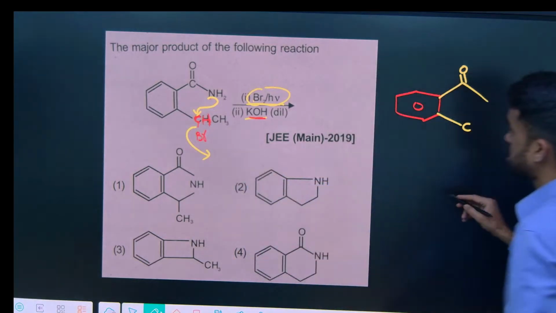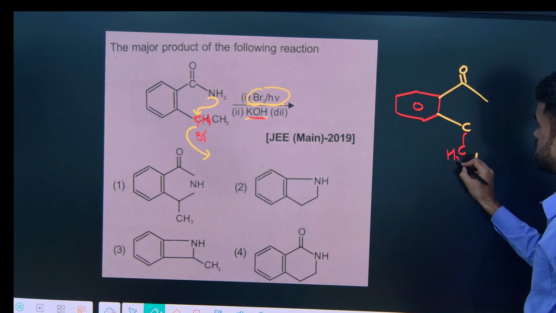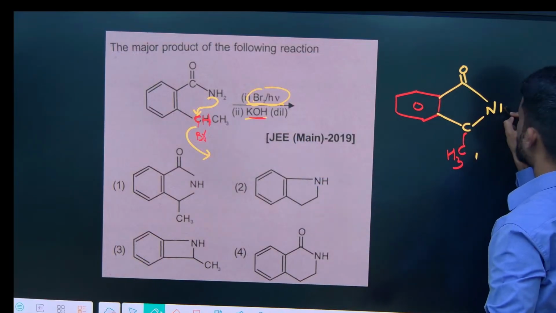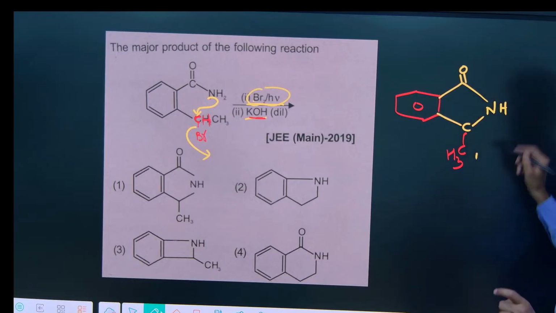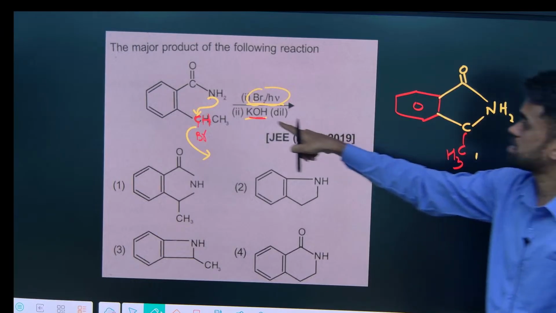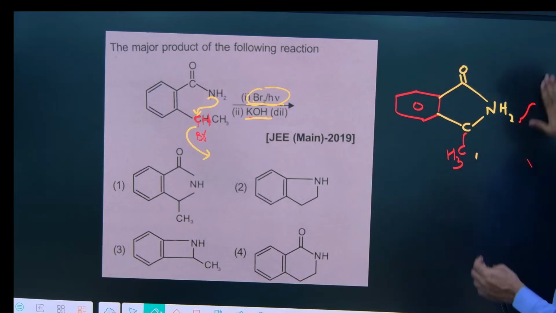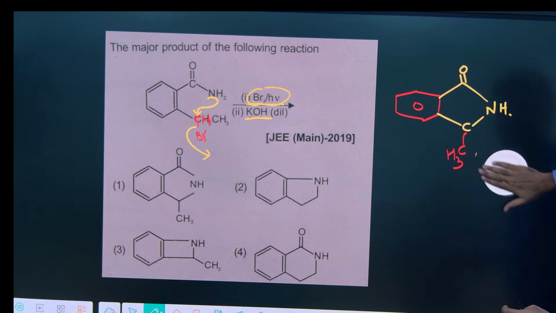I am writing CH3 this side, and here NH. How many hydrogens are there? Two are there. Since the next step is dilute base, the base will abstract that proton and will give you NH. That's it. This is the final product.